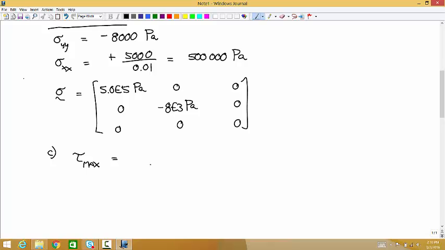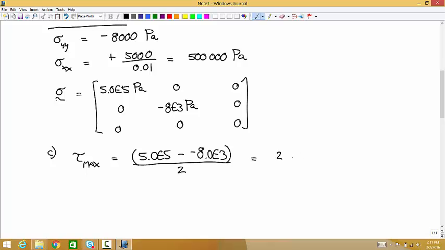And so maximum principal stress minus minimum principal stress divided by 2 is pretty close to just half of 5E5, but what do you get for that? 2.54.